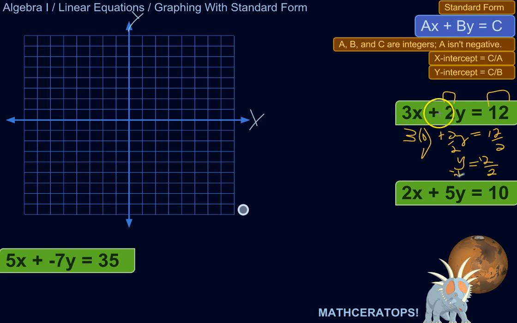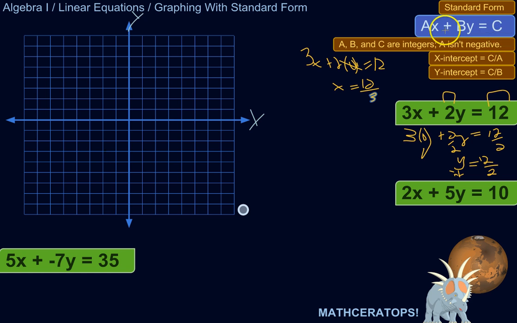If I want to find the x-intercept, that is where y is 0. So I can plug in 0 for y. So this goes away. 3x equals 12. So the x-intercept is at 12 over 3, also known as 4.